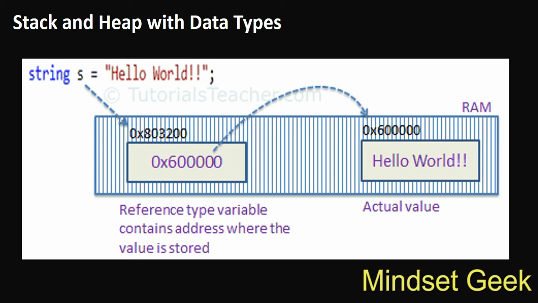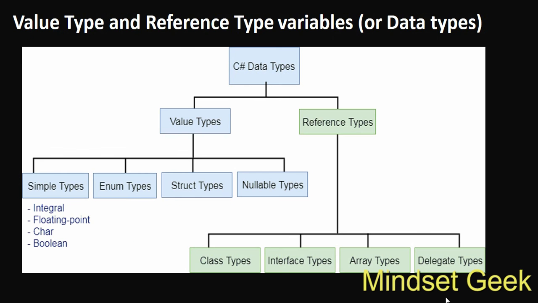Actually, reference type variables are slower than value type variables. Think about this. These are some examples. The value types are simple data types. We can use integer, floating point, char characters, or bool, boolean. There are many kinds of simple data types available: unsigned, bit, byte, all the things.